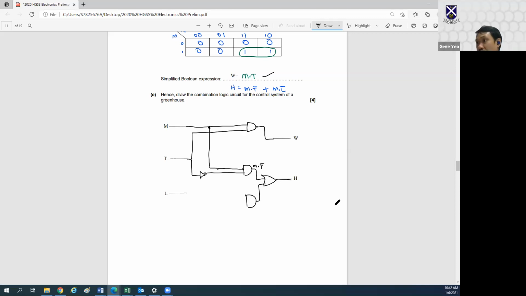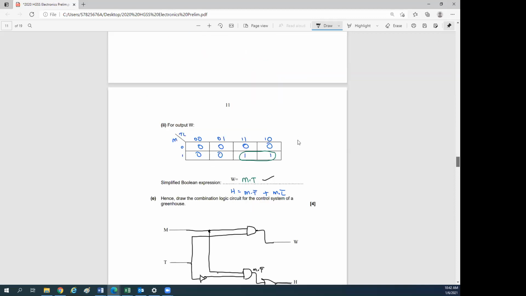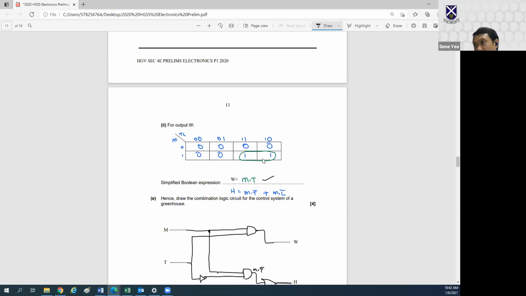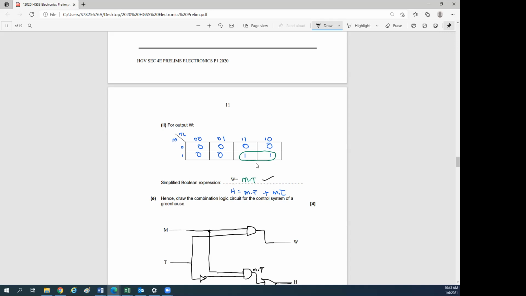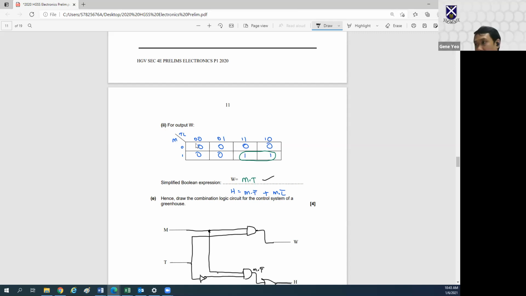Oh, this one. For this particular one, I know how to write it down, but I don't know what to follow. So you know how to write down these. Do you know how to populate it with the ones and the zeros inside?